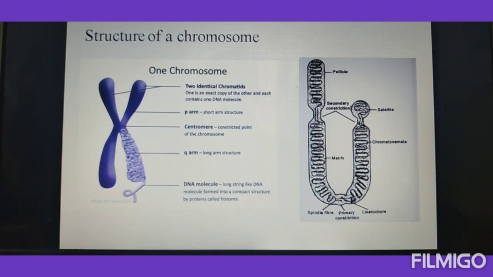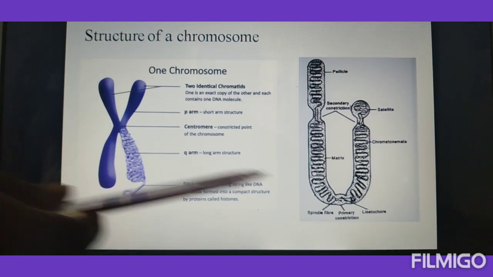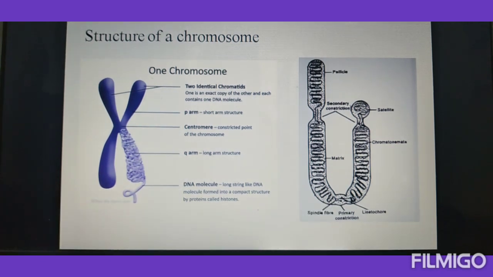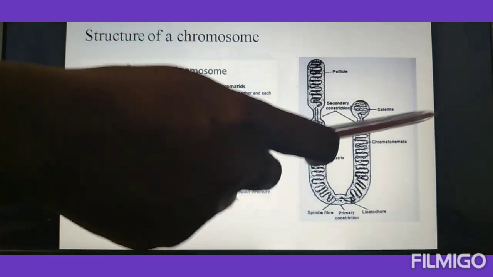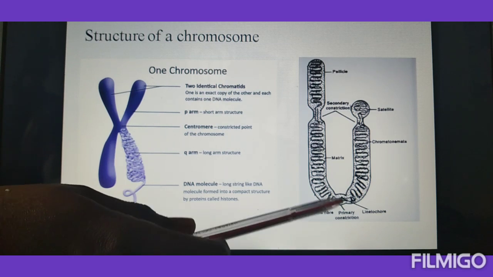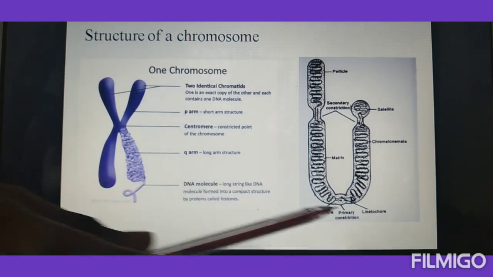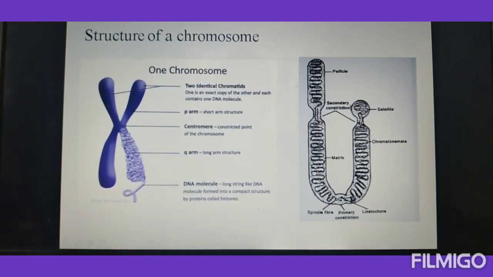Now let's study the different regions of the chromosome. The first is the primary constriction. This is the primary constriction region. The two arms of a chromosome meet at a particular point, which is called the primary constriction or centromere. This is the region to which the spindle fibers get attached during cell division.